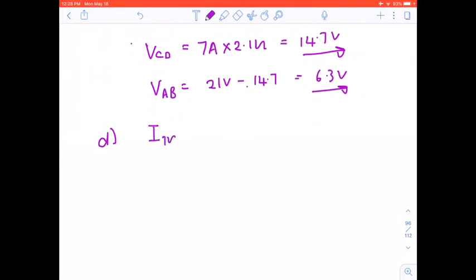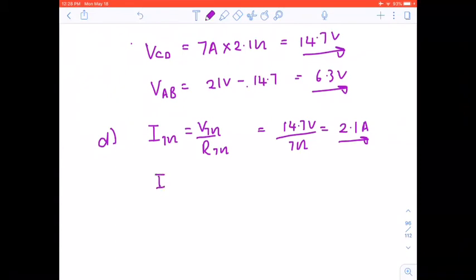I in the 7 ohm resistor is equal to V of the 7 ohm resistor upon R of the 7 ohm resistor, which is equal to 14.7 volts, because it's in parallel, across the 7 ohm resistor, which gives us this 2.1 amp current going through the 7 ohm resistor.